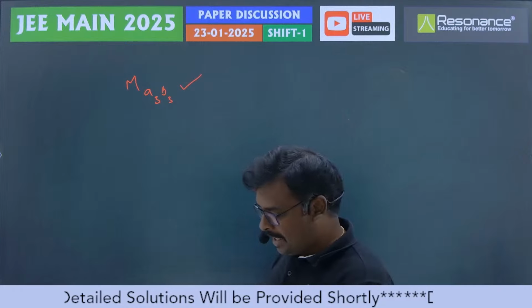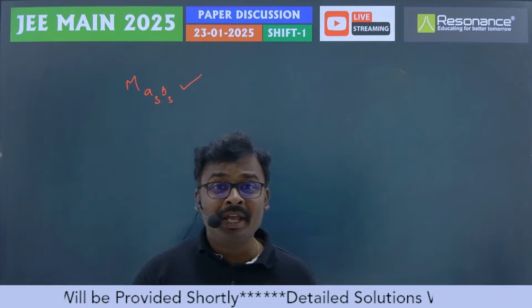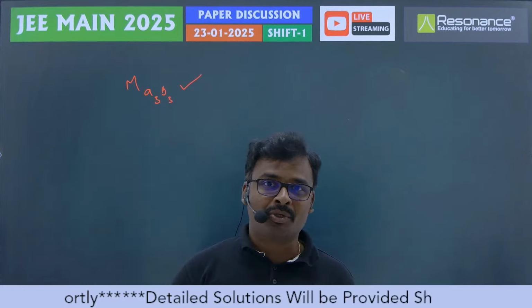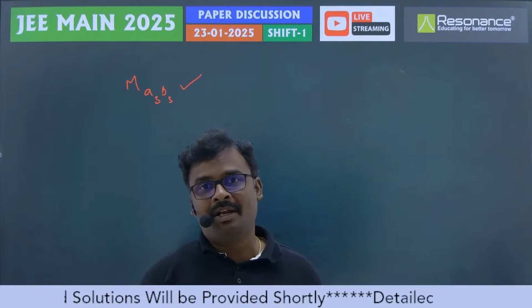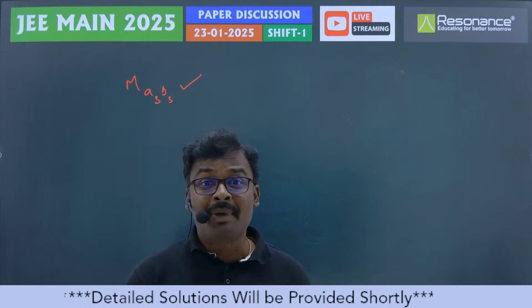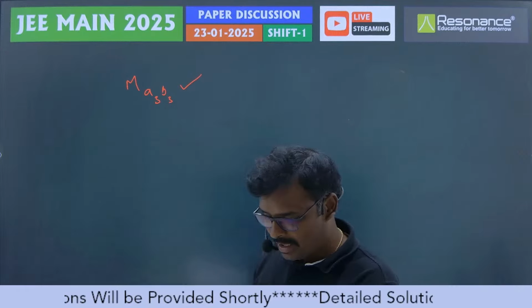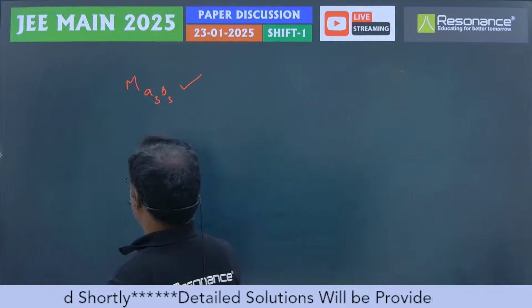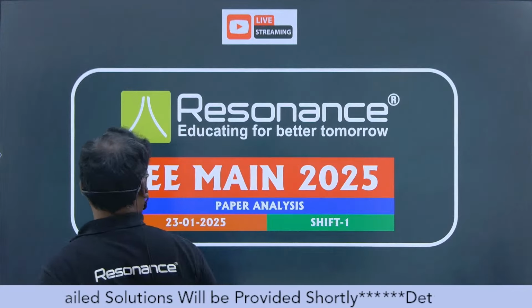Before concluding, I will give the overall analysis of the difficulty level and easy level, and how many questions have come from 11th and 12th standard, to understand how they balanced the syllabus. Just some important data for you.